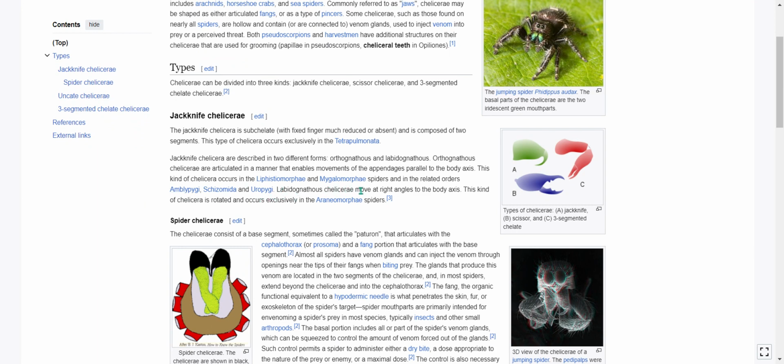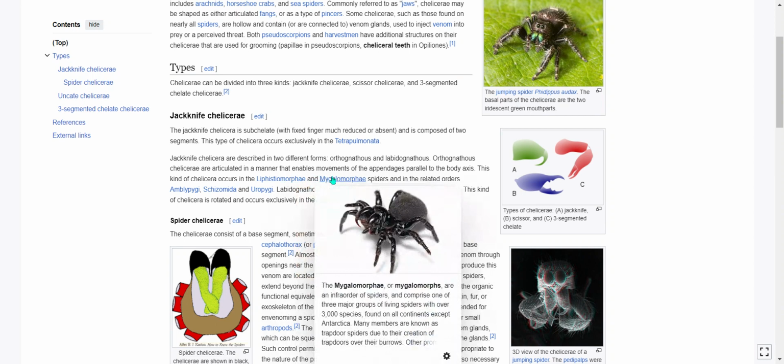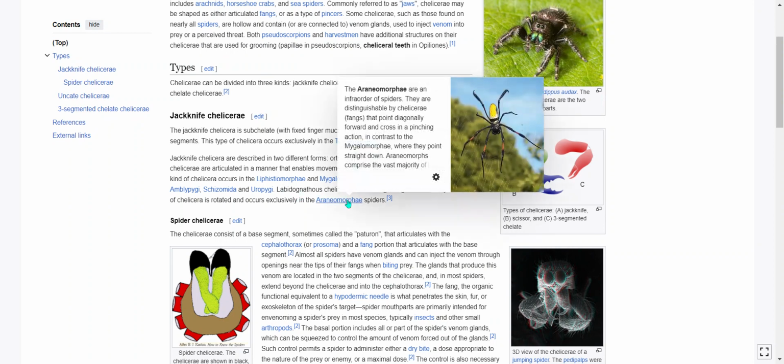Libidognathus chelicerae move at right angles to the body axis. So we had parallel to the body axis in these guys. If you're looking at their actual claws on these images, you can maybe imagine how they might move parallel to the body versus the libidognathus chelicerae, which move at right angles. Okay, that's pretty straightforward.